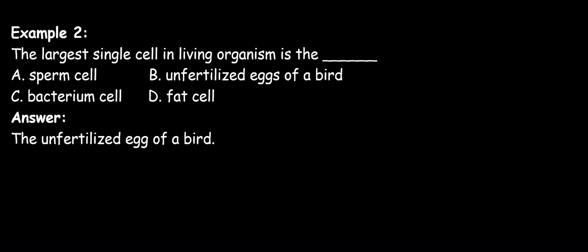And the nerve cell is the longest cell, and the female ovum is the largest cell in the human body. This is just a recap, but the answer to our question still remains B, unfertilized egg of a bird.